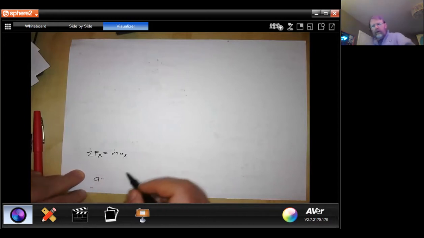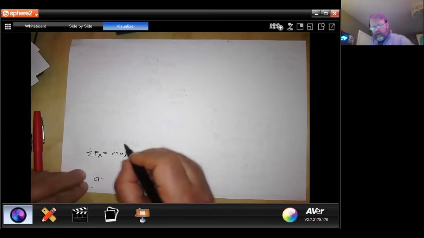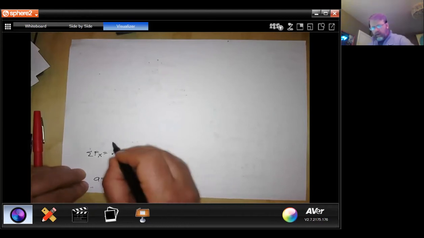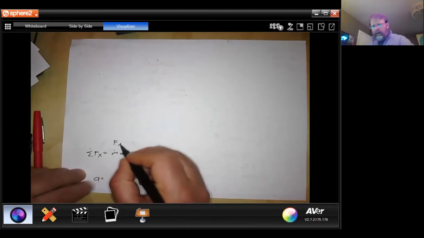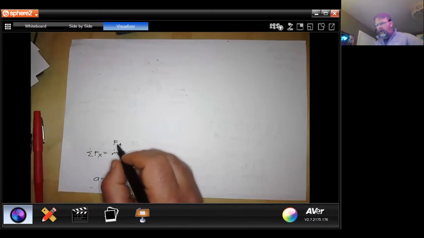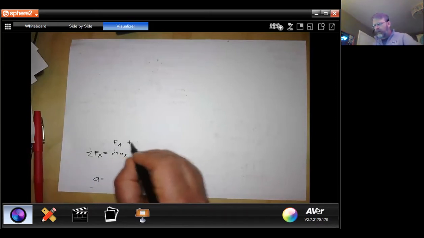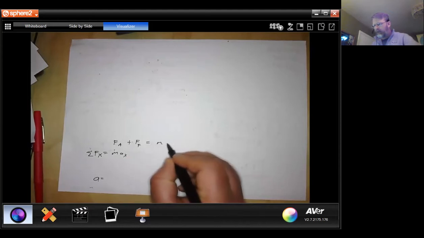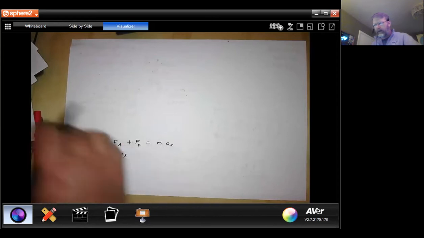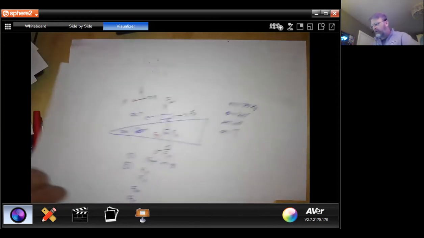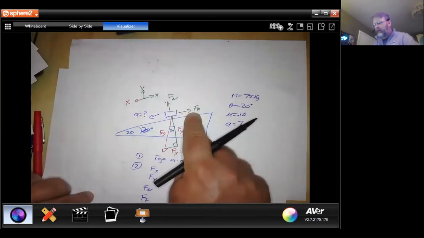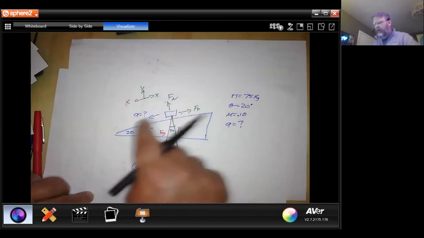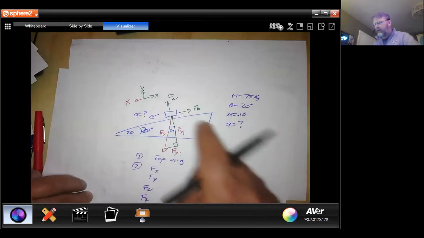But that means our force applied, if there was one, is probably going to be 0. Our force of friction is going to be mass times acceleration in the x. So again, going back to this picture, I have no applied force. I do have a friction force. I'm looking for acceleration.